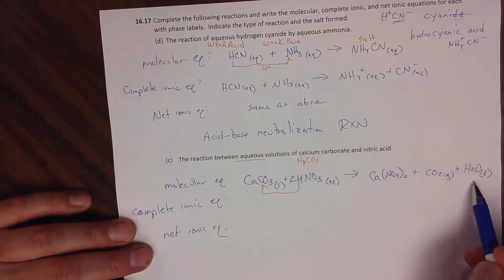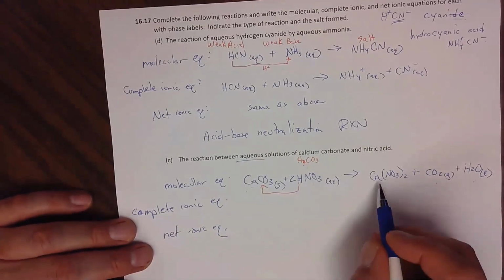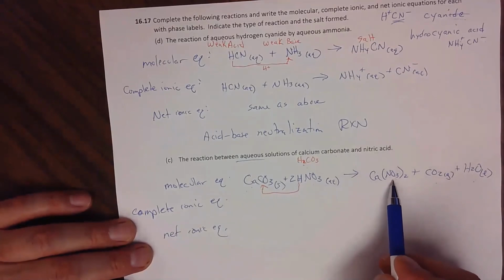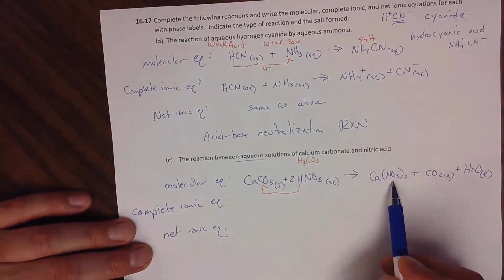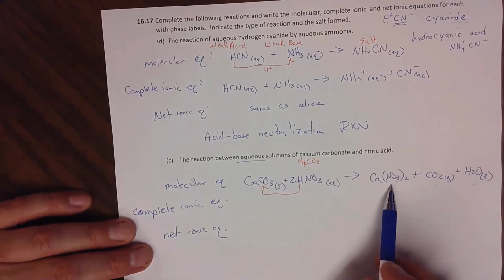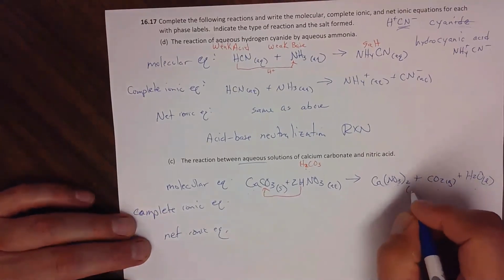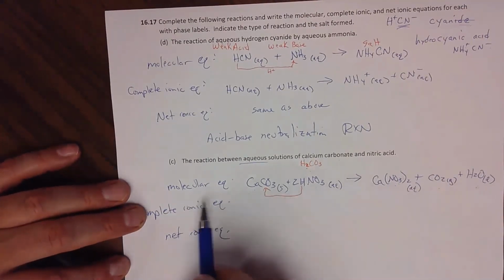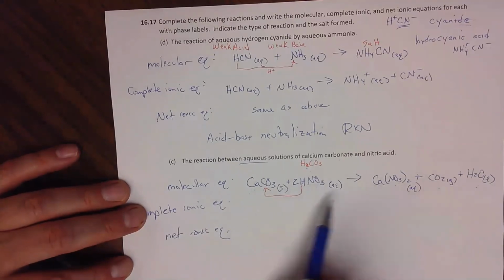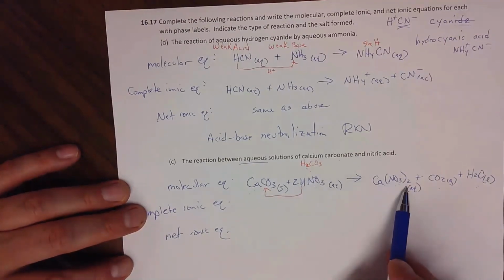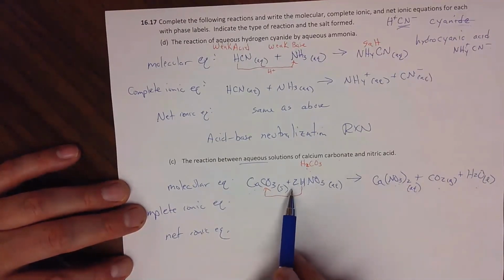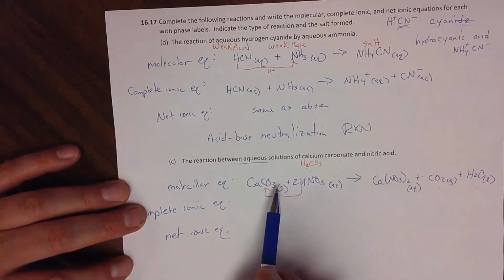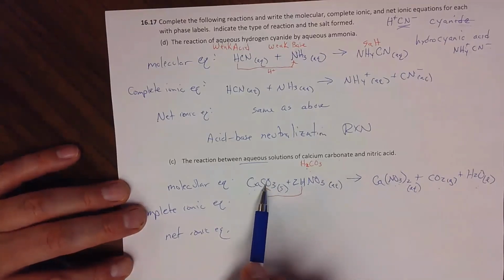carbon dioxide and water. Now, calcium nitrate, well, I know it's soluble because according to rule number 2, any salt that contains the acetate, perchlorate, or nitrate anion is soluble without exception. So that is aqueous. And as far as being balanced, I have a calcium, I have 2 nitrates, and then I have, let's see, this carbonate.